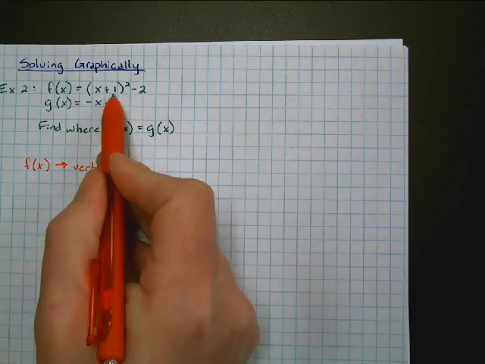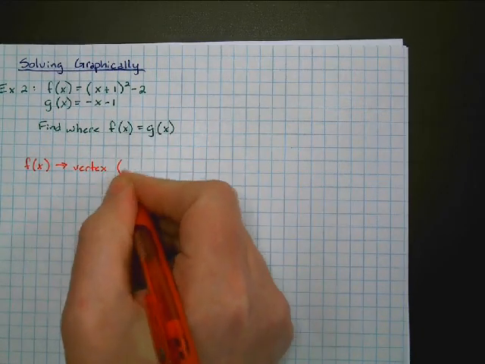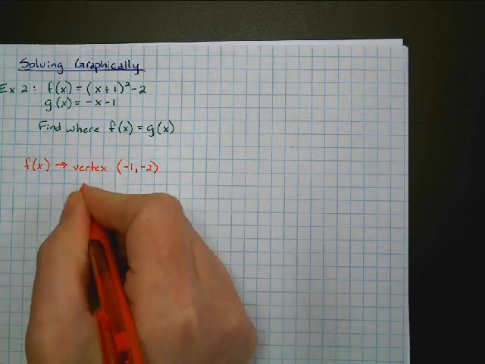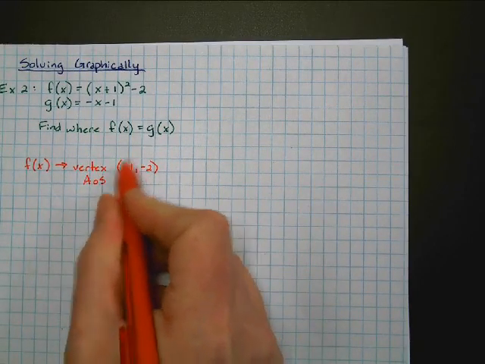The vertex would be at negative 1, negative 2. The axis of symmetry is going to be x equals negative 1.